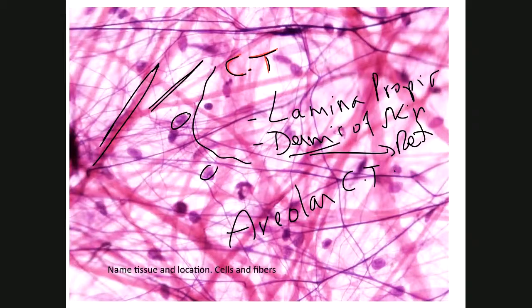You could be even more specific and say this is the dermis of the skin. You can be even more specific and say this is the reticular layer of the dermis of the skin.